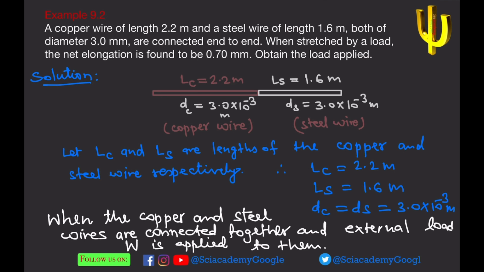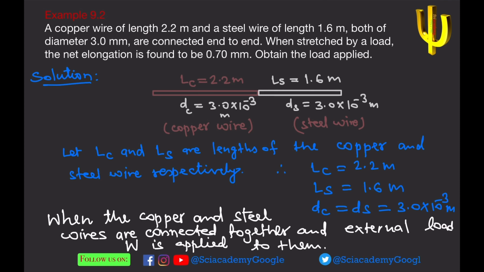See, this is the copper wire and this is the steel wire. It is connected end to end. Let LC and LS be the length of the copper and steel wire. LC is given this much, LS is given this much, and the diameter of both the wires is the same.